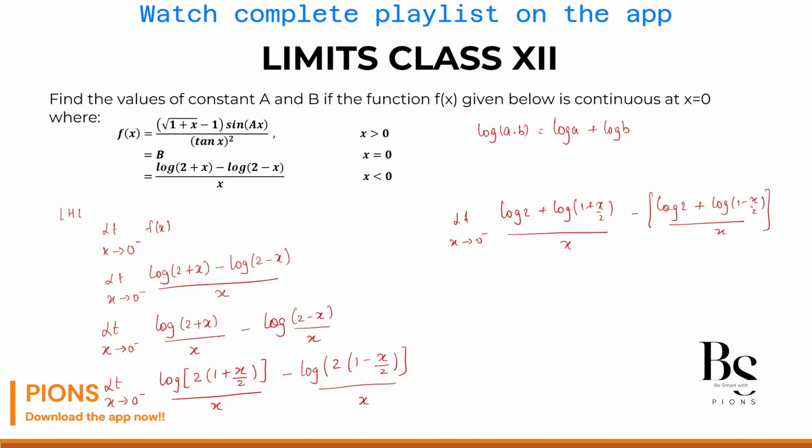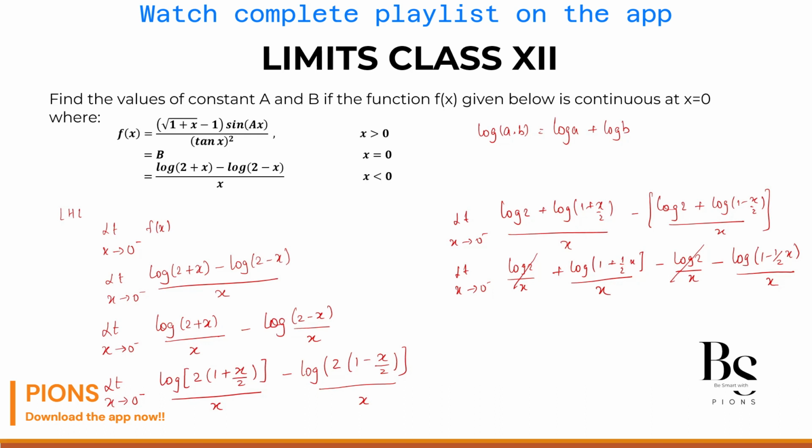Let's separate them. Limit x tending to 0 negative, log of 2 divided by x plus log of, I am just rewriting x by 2 as half into x, 1 plus half x, whole divided by x, minus log of 2 divided by x, and minus, be very careful with the signs, log of 1 minus half x divided by x. This will straight away cancel with this, because log 2 by x and log 2 by x cancel out.